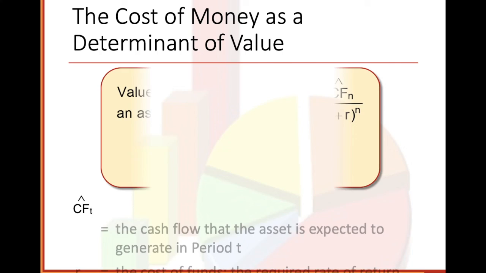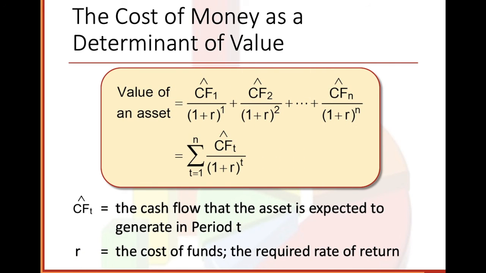Cost of money as a determinant of value: the value of an asset is the cash flows of 1, 2, all the way to n, the number of years or periods, discounted by 1 plus r, our growth rate again, to the first power, to the second year, all the way to the n.